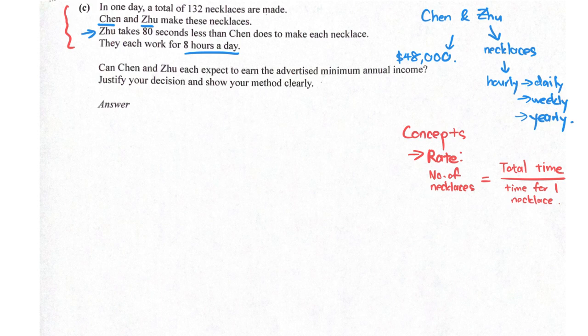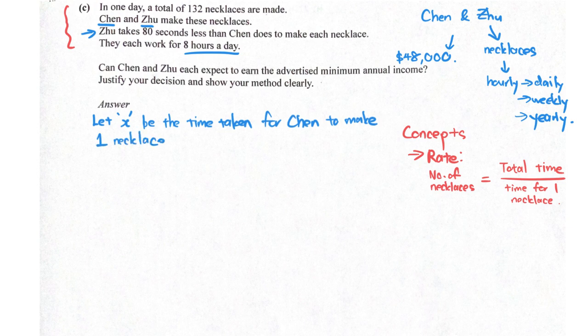So once again, I'm going to start by stating our assumptions. Let x be the time taken for Chen, one of them, to make one necklace. This will be in seconds.